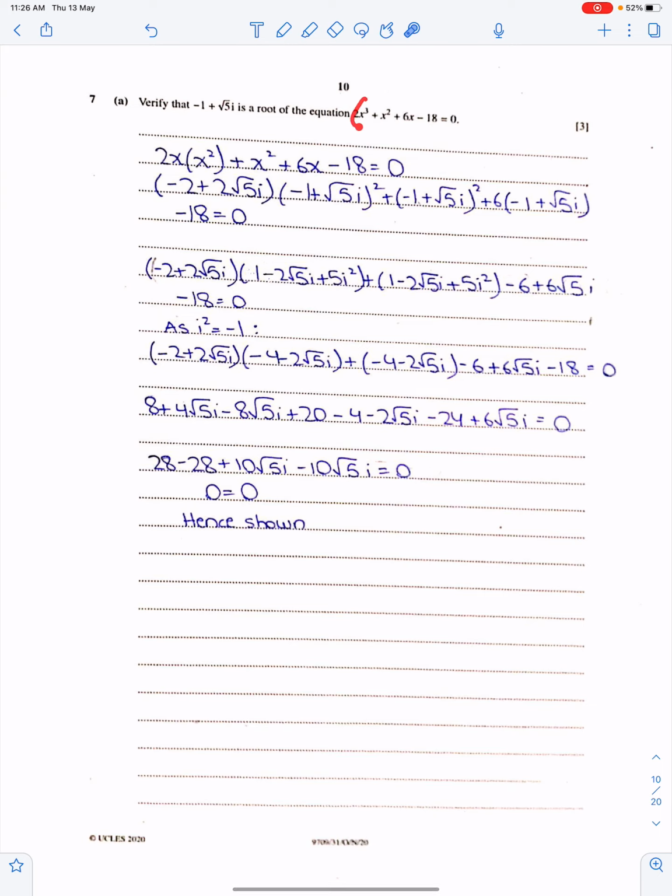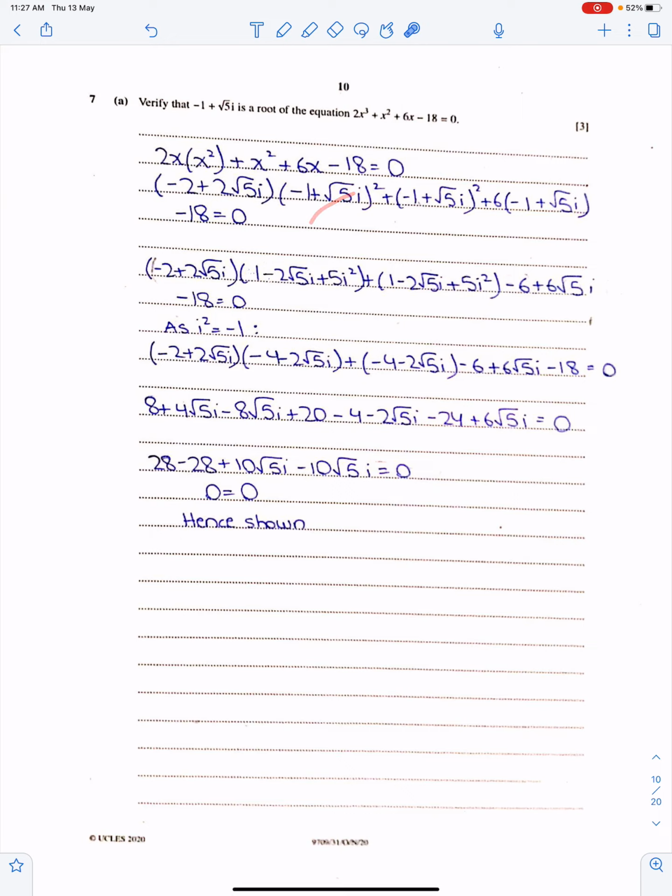This student used this method. She broke x cube in this way, x times x square. And then she substituted x by minus 1 plus root 5. And then she just simply solved this equation. Expand this by means of a minus b whole square.